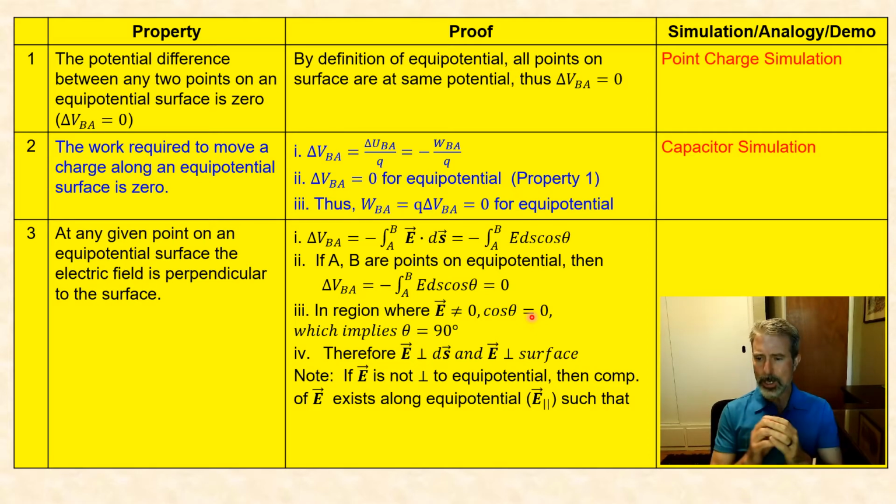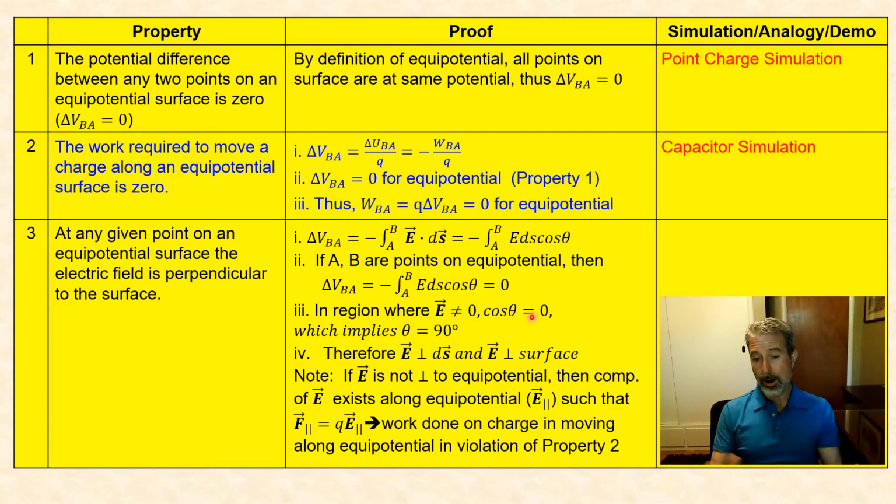That's the end of the proof, but I'm just going to note that we can look at this from another perspective. If the electric field was not perpendicular to the surface, then that would imply that there is a component of the electric field along the equipotential, call that E parallel, such that there would be a parallel force, which would equal the charge being moved times this electric field component parallel to the surface.